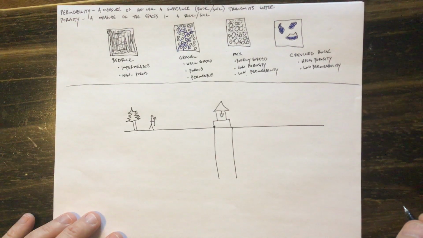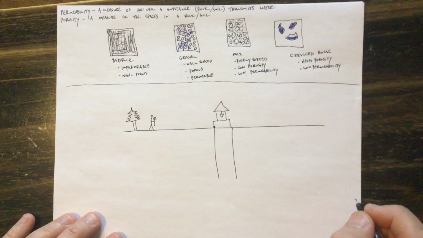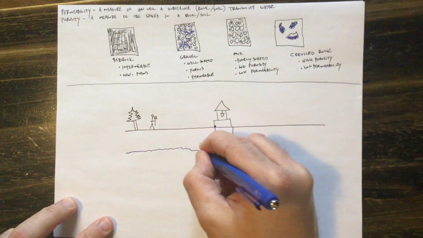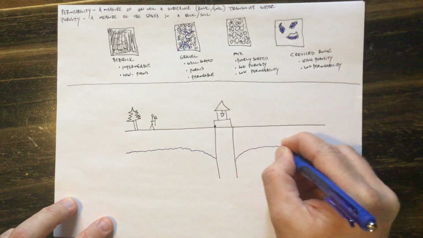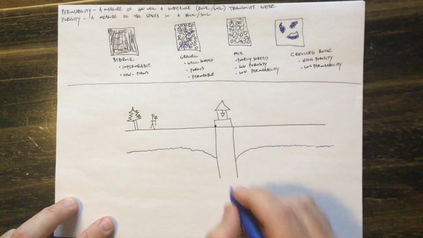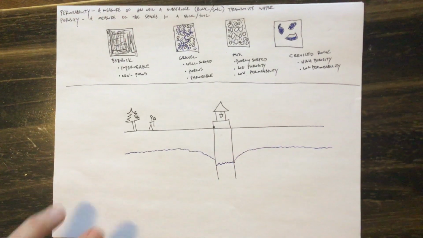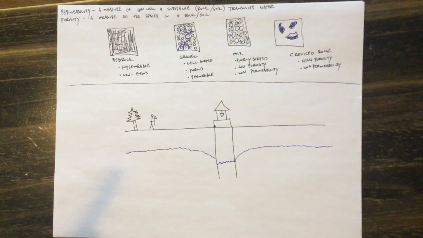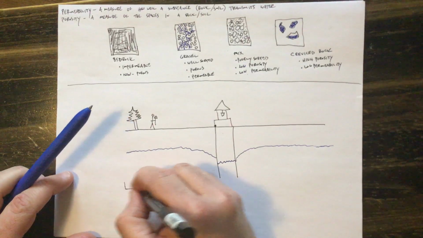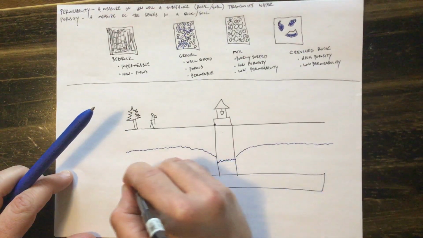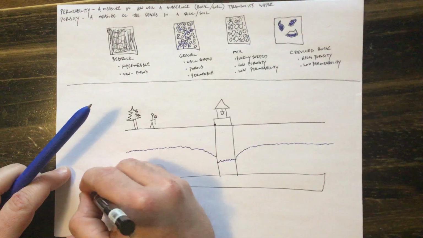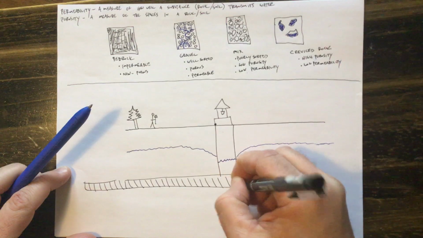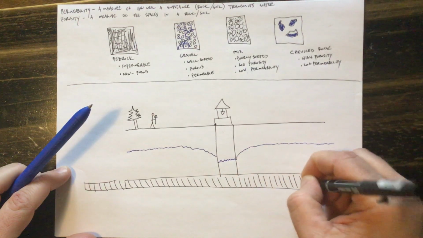We're going to have the water table with a little bit of a cone of depression there near the well. And at the bottom, we're going to have an impermeable layer. That impermeable layer is going to be represented by kind of a crosshatch.